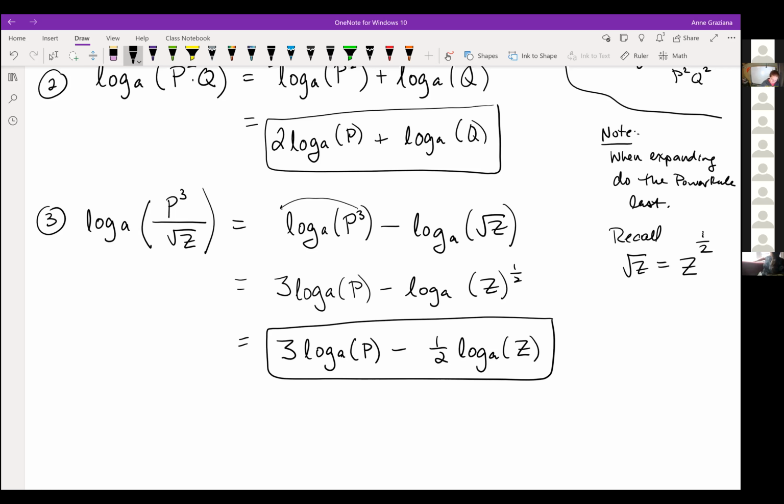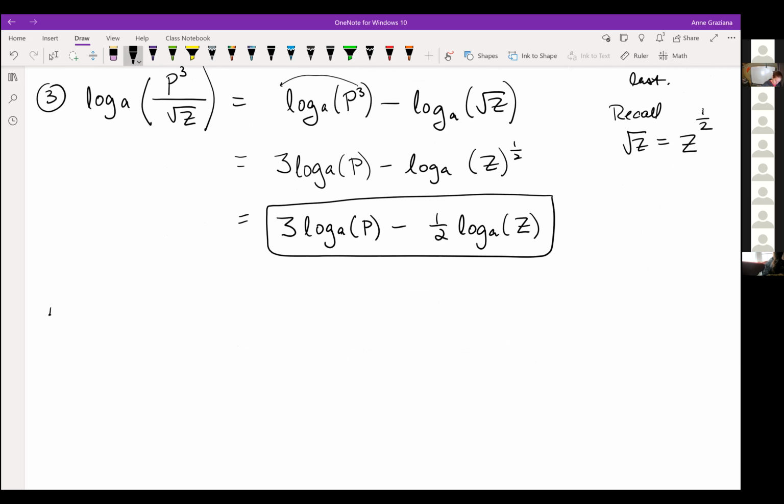All right. Last one: log base A of x y to the 4th divided by 3 times the 4th root of 7. Okay, this has got everything in it.